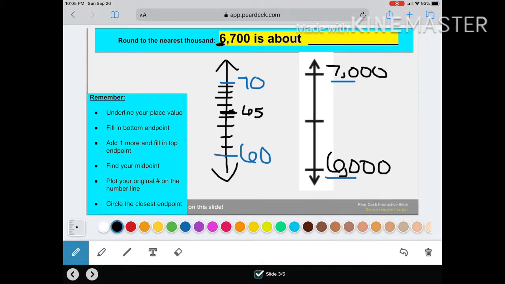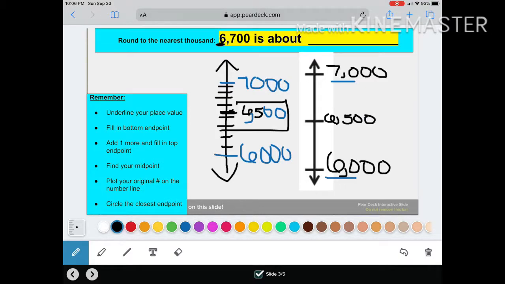The last thing we're going to do, you guys, is just go back and add in those zeros that we did not add on our midpoint. So we took away 2 zeros, so we're adding 2 zeros back, and we're also going to be adding those 2 zeros to our midpoint. So our midpoint, you guys, is 6,500.